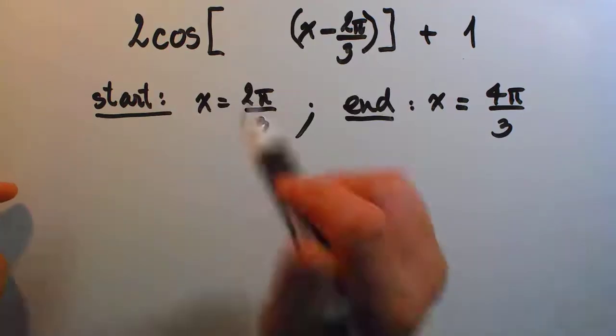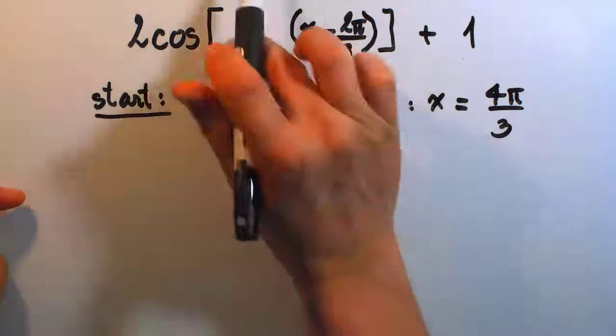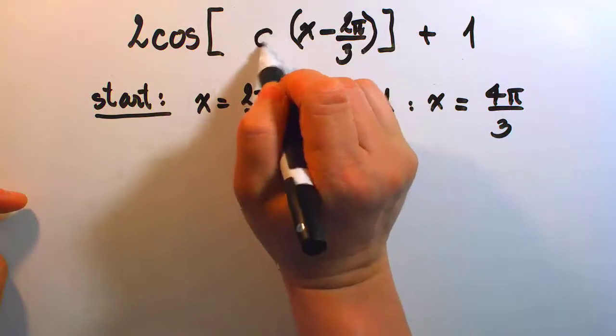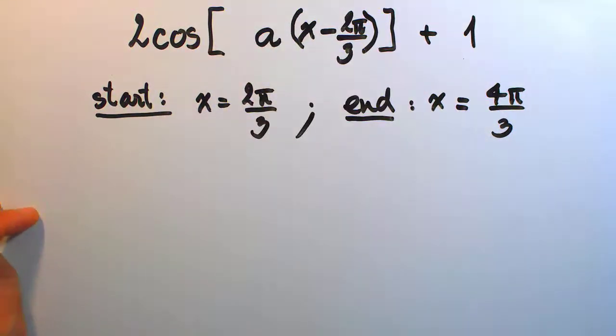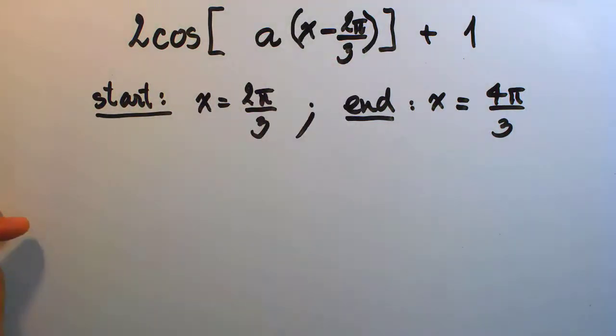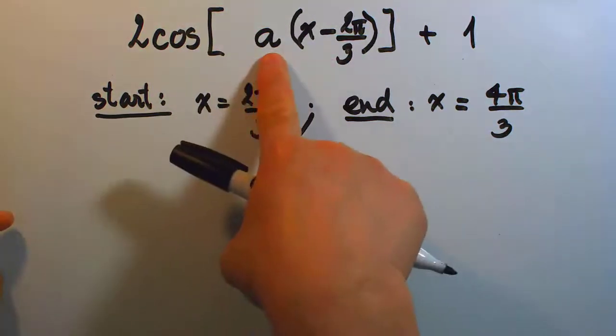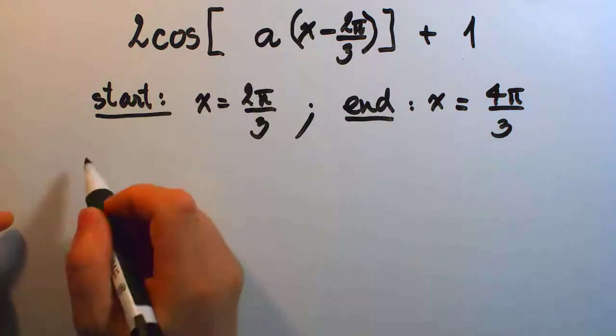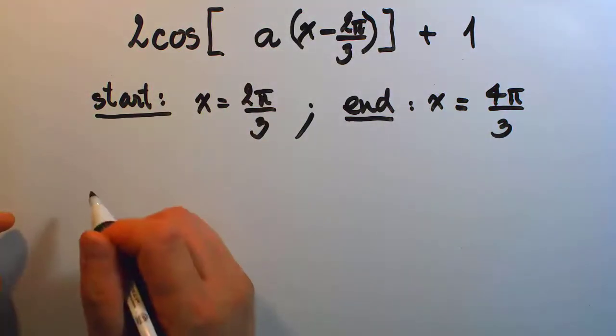And so once again, what's waiting ahead now is to find out what that coefficient in front of the x minus 2 pi over 3 is going to have to be. And that coefficient is going to be related to the period of the function.